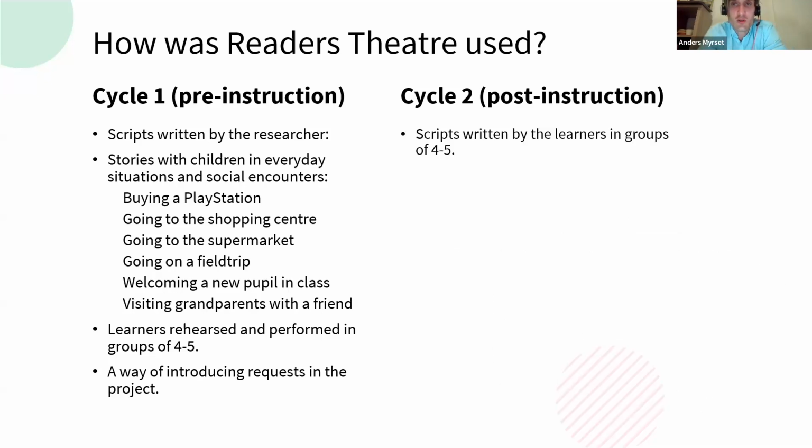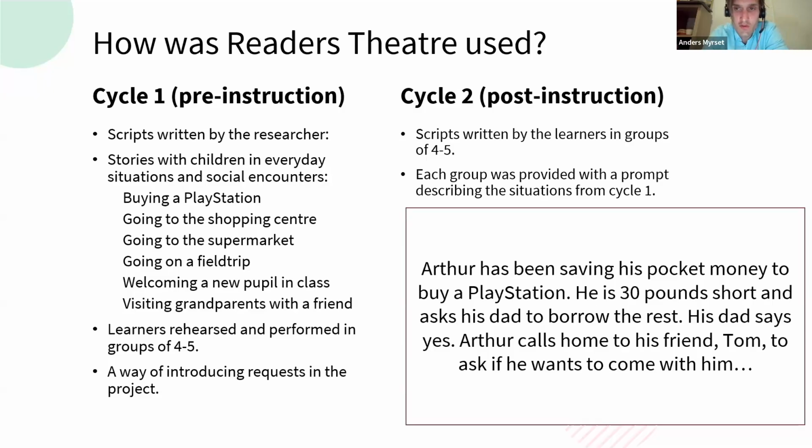In cycle 2, so after the instruction, they wrote their own scripts in the same groups. And here I provided them with prompts, basically describing the situations from the first cycle. So if, for instance, a group had read the script buying a PlayStation the first time around, maybe the next time they would get prompts for going to the supermarket.